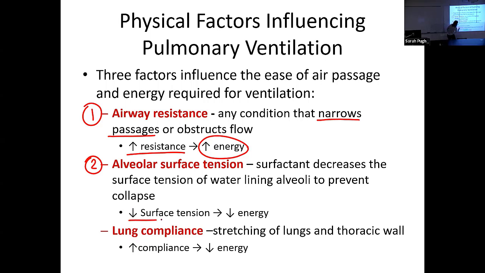Well, if you decrease that surface tension and your alveoli can stay open, then you decrease the amount of energy you need in order to breathe in and out. It makes it a lot easier to inhale, right? Because if your surface tension is really high, like in a premature baby, where they don't have enough surfactant and the water surface tension stays high, every time they exhale, the alveoli collapse. So an inhale requires a lot more energy to inflate them again, okay? So if you decrease surface tension, you decrease energy.